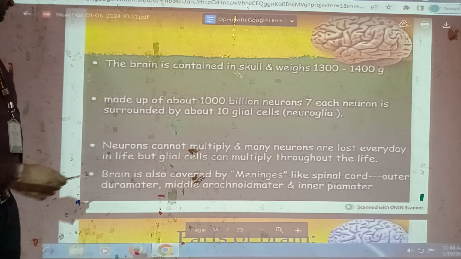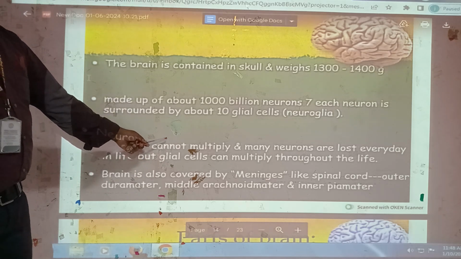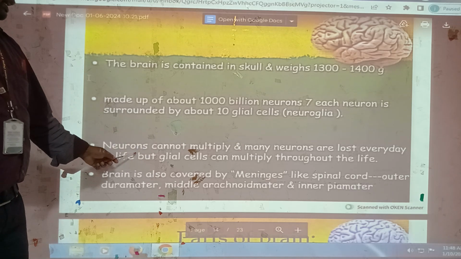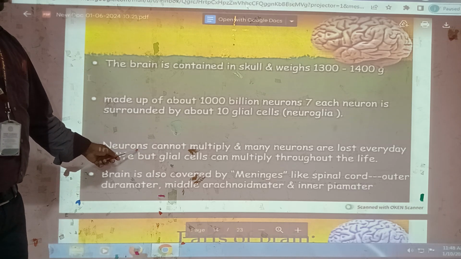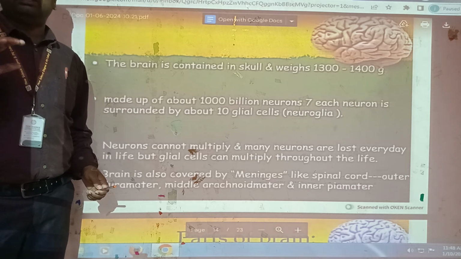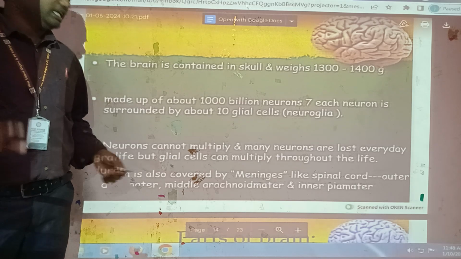Neurons cannot multiply, and many neurons are lost every day in life, but glial cells can multiply throughout life. Neurons are not regenerated, whereas liver cells are regenerated.